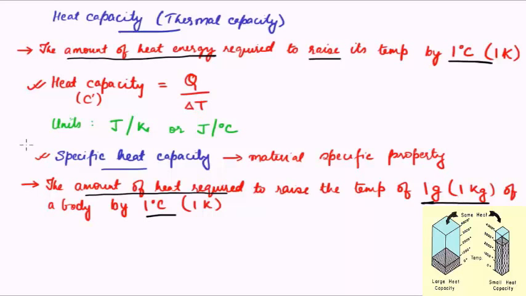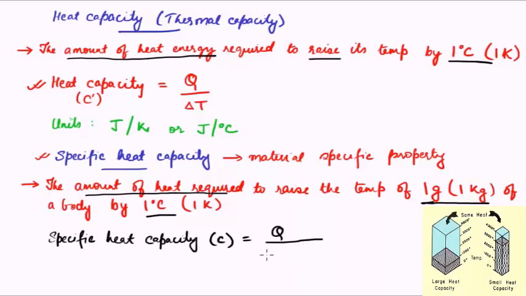Okay, so now let us see the mathematical representation of this. Specific heat capacity, sometimes represented by a small c, is the total heat, which is Q, divided by unit mass, so per mass, per temperature rise.